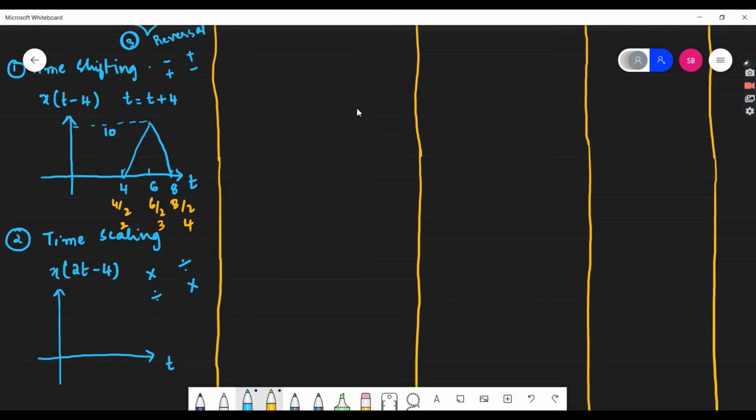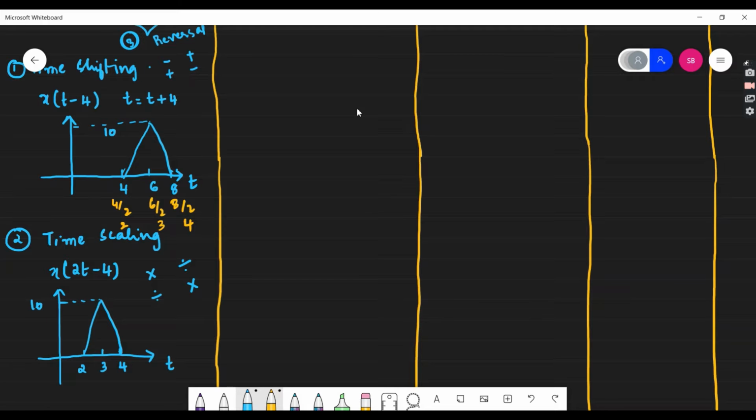The signal will start somewhere here, that is at 2. This will be 3 and here it will be 4. The amplitude will remain the same and you are going to get the shape also the same. This is 10 amplitude. So this will be the plot for x of 2t minus 4.